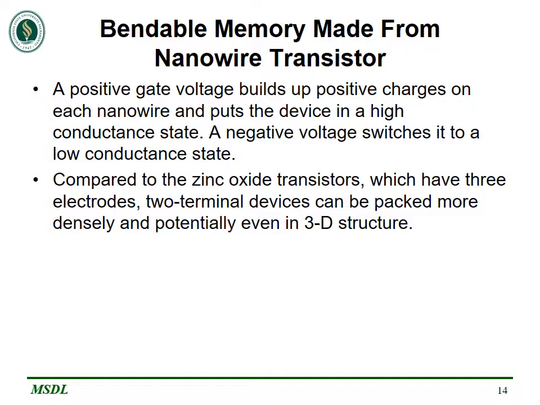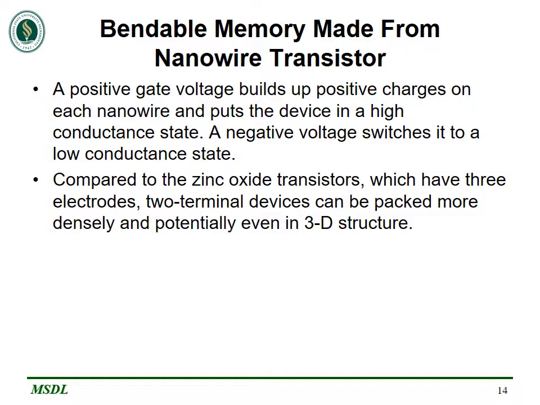Others are exploring various approaches to make flexible nanoscale memory that could be scaled down beyond silicon. Memory elements based on transistors made from ferroelectric coated graphene, carbon nanotubes, and other nanowires could all eventually be made flexible.